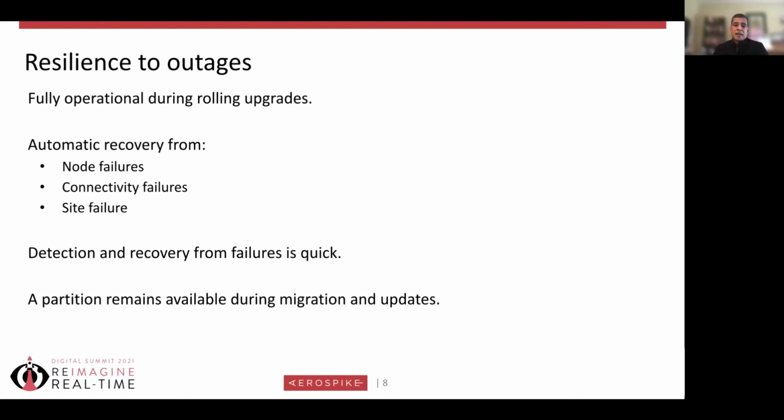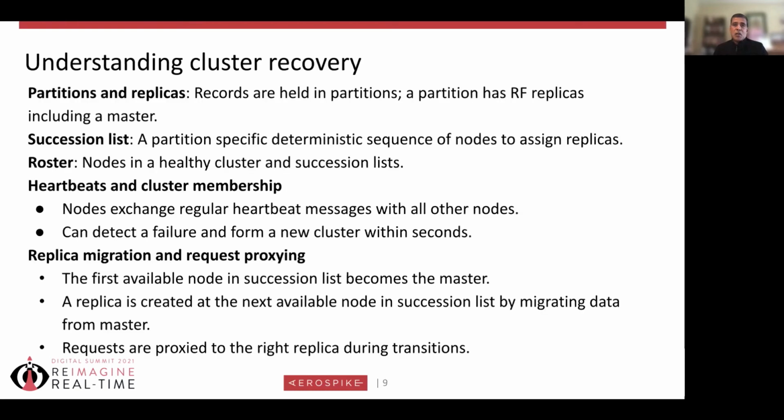Let's look into that in a little more detail. Understanding cluster recovery requires some understanding of some key concepts in Aerospike. One of the things to remember is how data is distributed and replicated. Records are held in partitions.